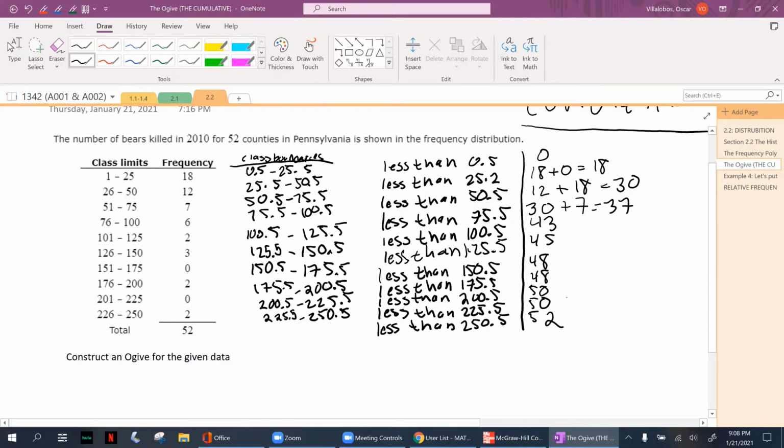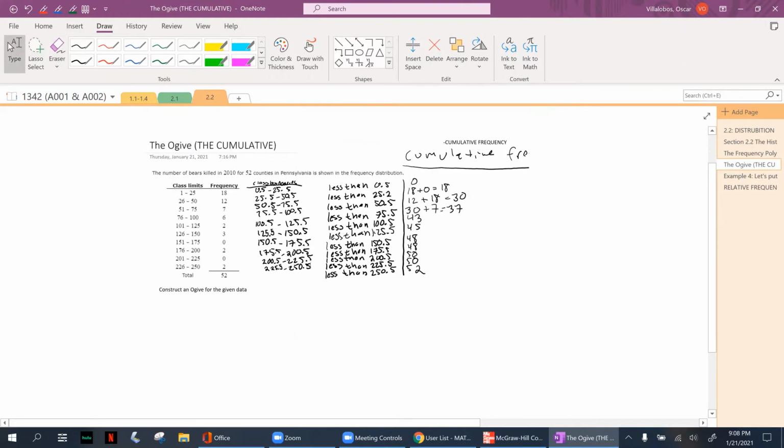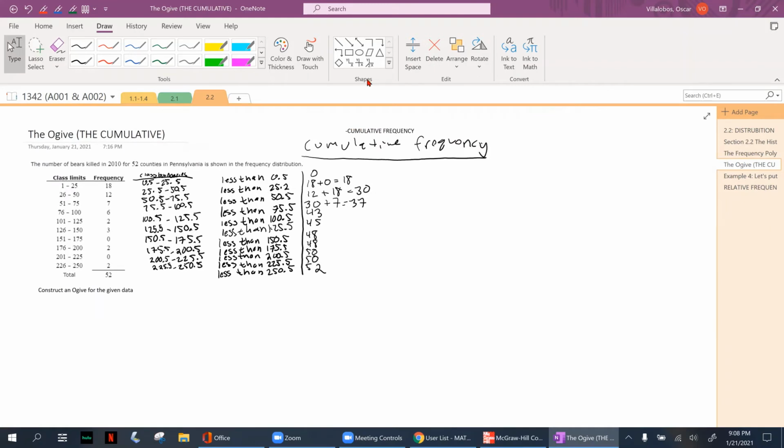And we said that this value here should equal the same value there. The largest value of your cumulative frequencies should equal that value. So I know we're on the right track. Let's make this a little bit smaller. That looks good.